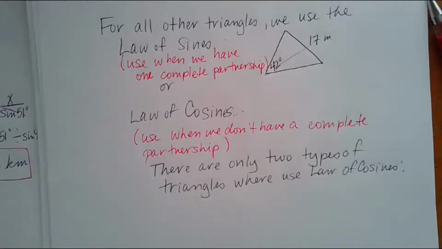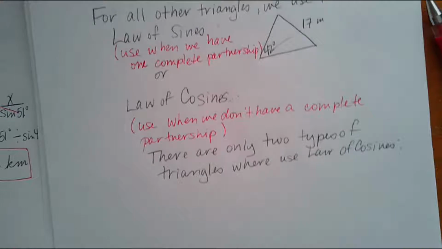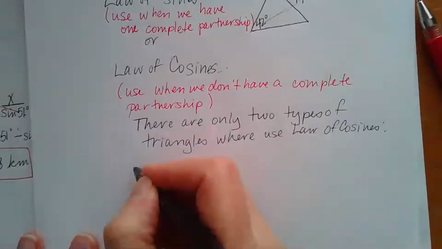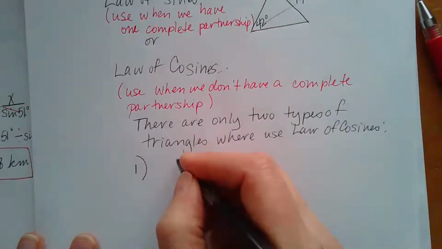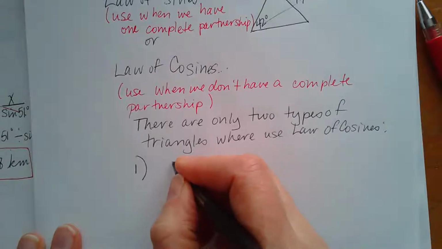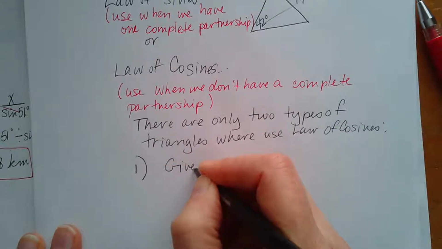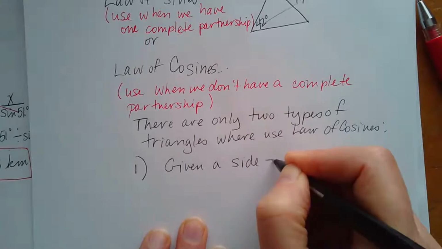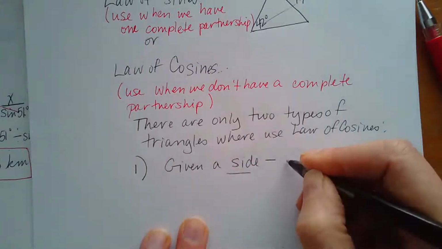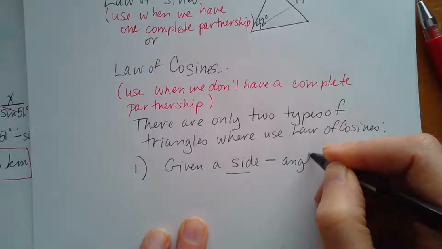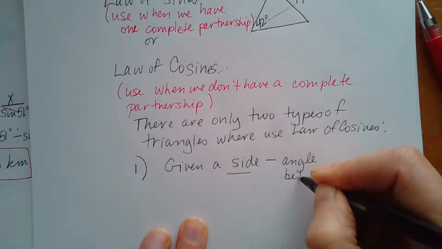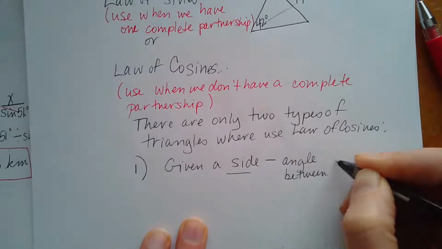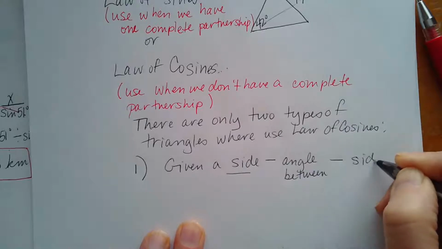Okay, so those triangles are, the first type is when we're given a side, the angle between, and then another side.